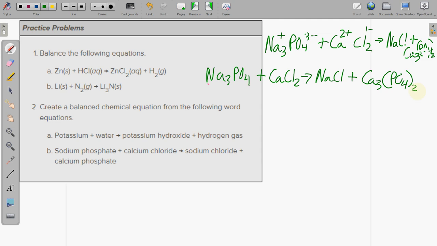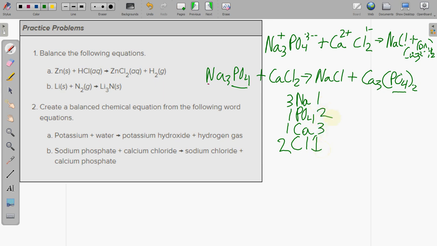Also notice that PO4 here, I can treat that as if it's an element. All right, I have 3 sodium and 1, 1 and 2. I have 1 sodium, 1 chlorine, and I have 3 calciums and 2 phosphates.